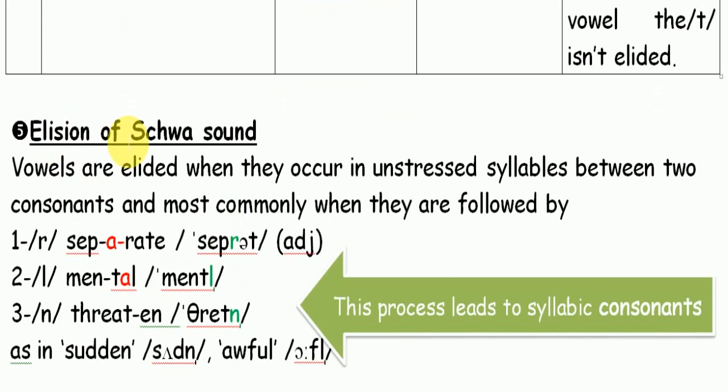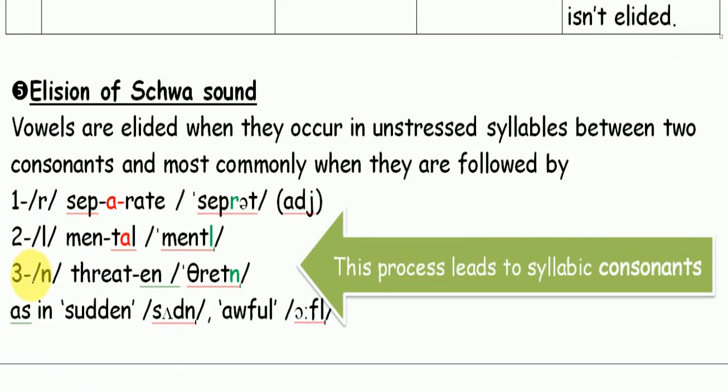Number 4, elision of the schwa sound. Vowels are elided when they occur in unstressed syllables between two consonants, and most commonly when they are followed by l, r, or n. For example: separate, mental, correct.